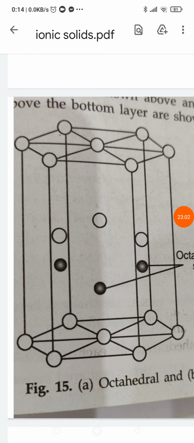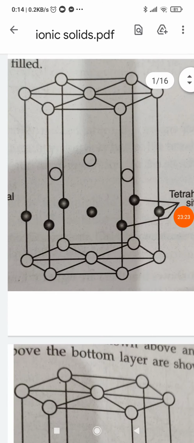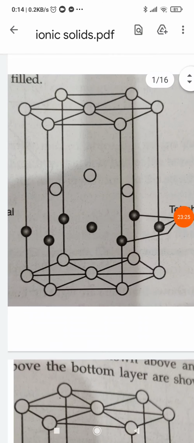The octahedral sites correspond to the other triangles not marked by crosses in the figure. The tetrahedral sites are shown above and below each atom. For simplicity, only the tetrahedral sites above the bottom layer are shown.